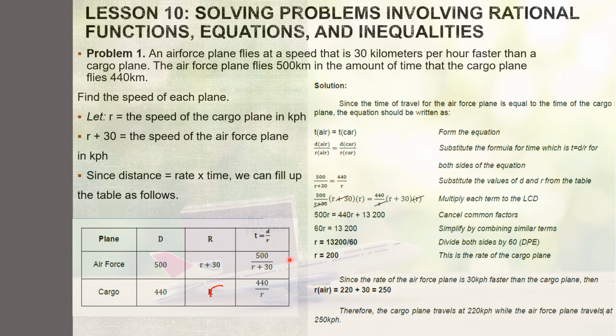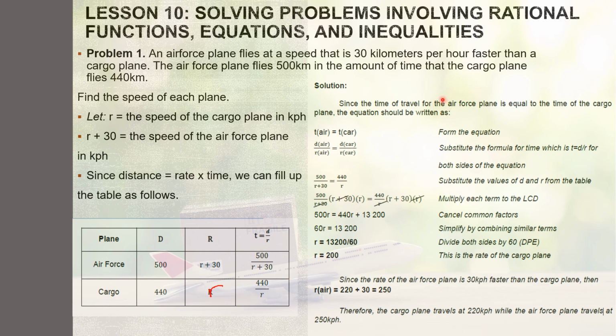We manipulated the formula, so now we substitute. For the Air Force plane, the distance is 500 over the rate, which is R plus 30. For the cargo plane, we have the distance of 440 over the rate, which is R.